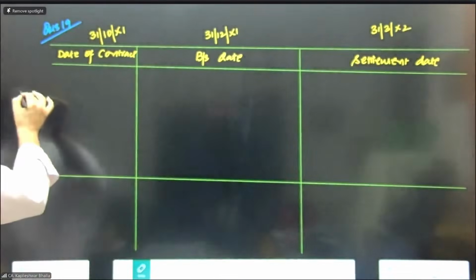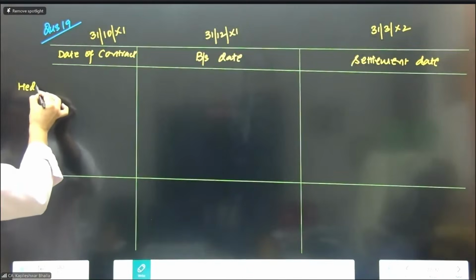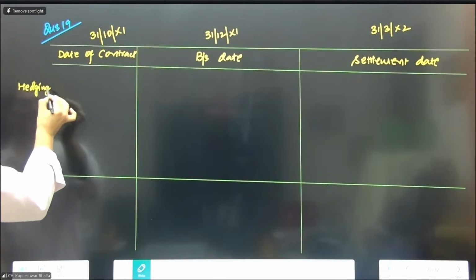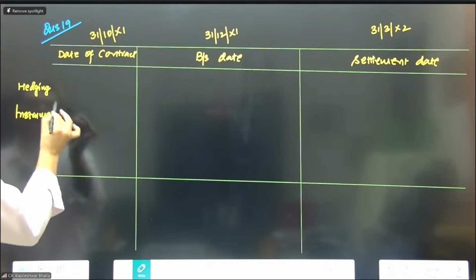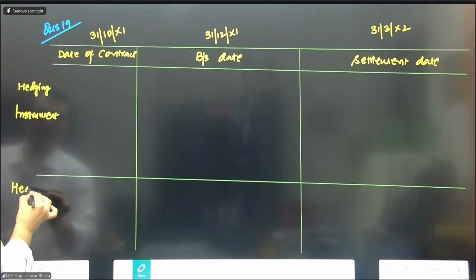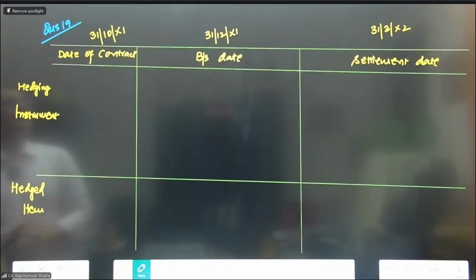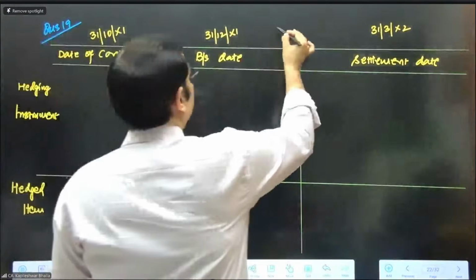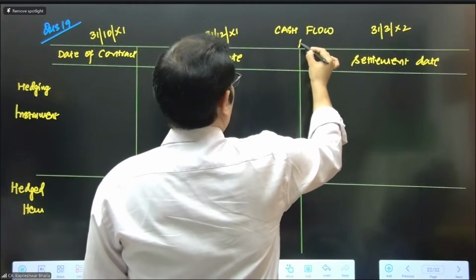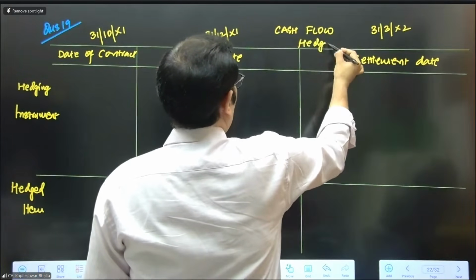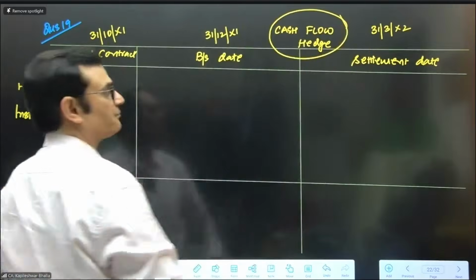One is the accounting for the hedging instrument, and the other is the accounting for the hedged item. And this is undoubtedly a case of a cash flow hedge.